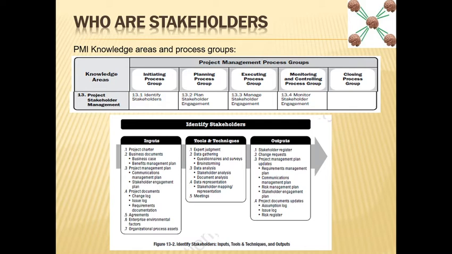So based on that requirement, those people also become stakeholders of your project. Then the stakeholder management plan that you will develop yourself will also tell you who the stakeholders are and what kind of powers they have.